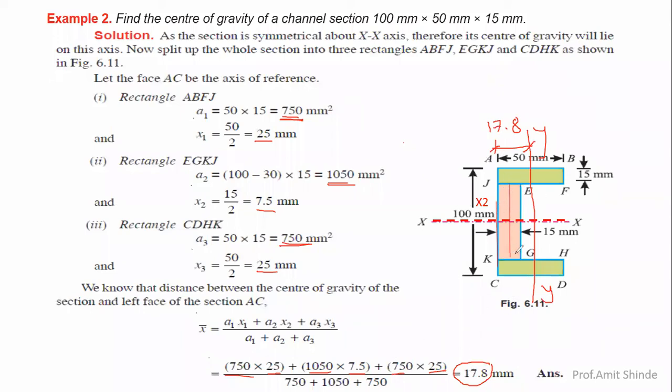That's why this CG location is obtained from the left side. This one is the y axis, and the intersection of these two here is the CG of that particular figure. It means that the CG lies out of the figure. The CG is not inside the figure, it lies outside the figure.